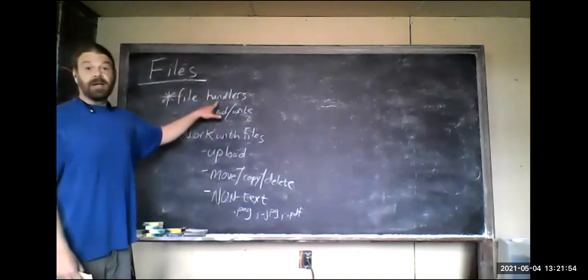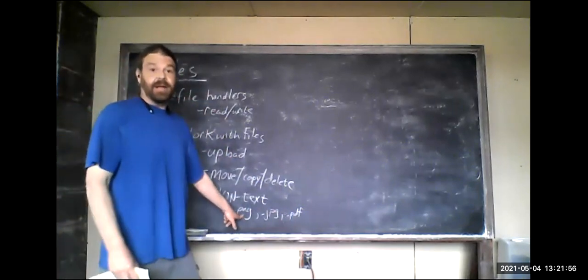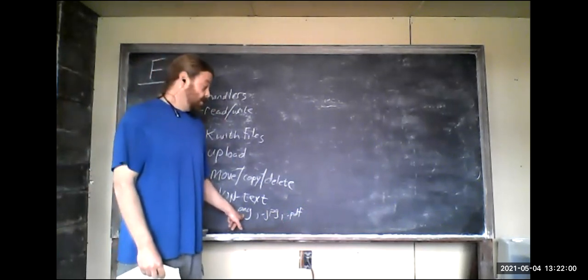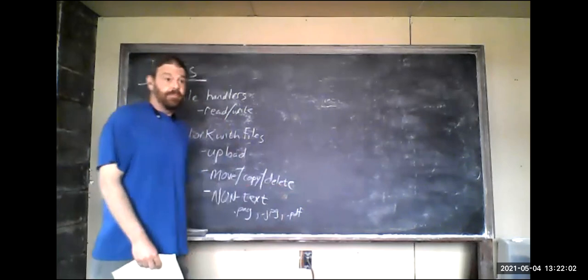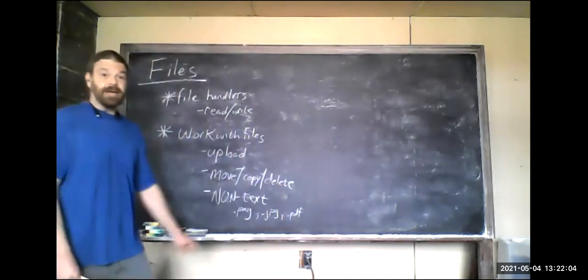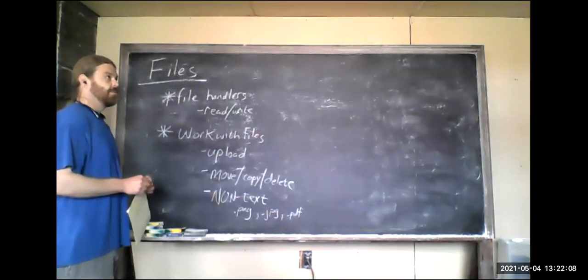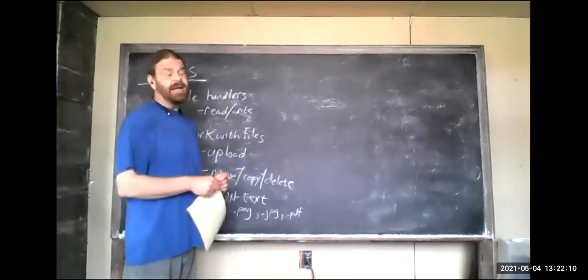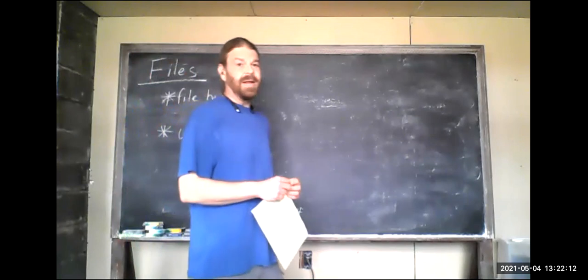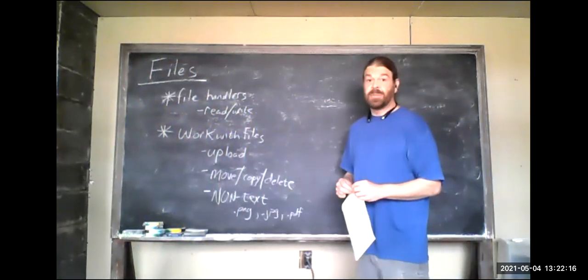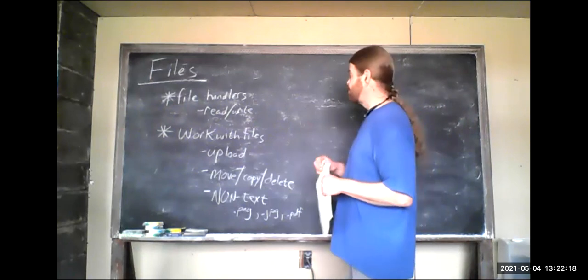What we saw with file handlers, we definitely can't do anything with an image file, right? Or a PDF. We can't write to a PDF. We can read from a PDF with a file handler, but you have to know how a PDF is put together. There's some instruction lines at the top of the PDF that you have to read in and process through.